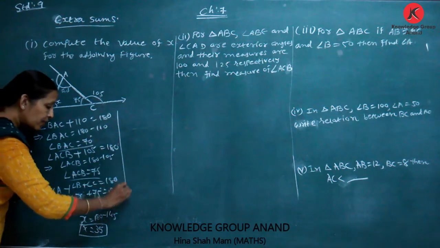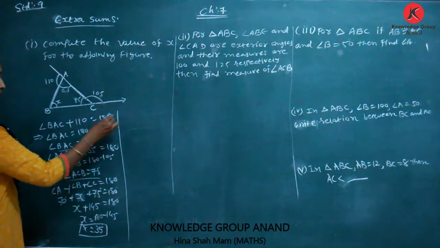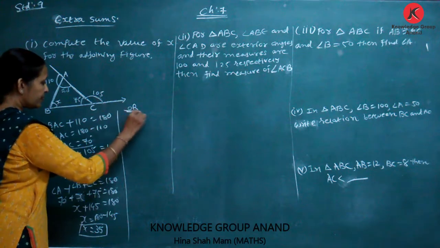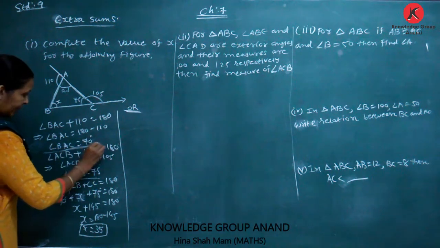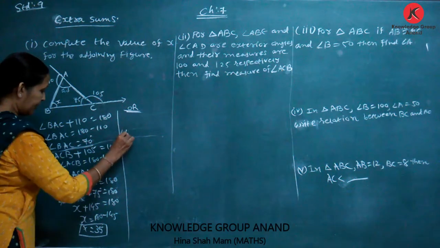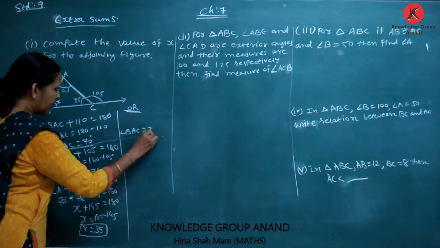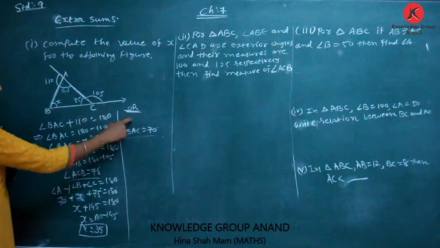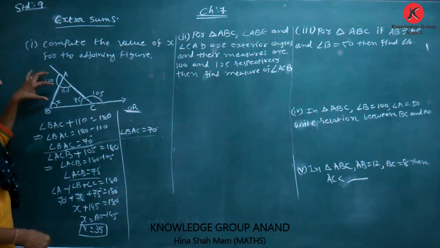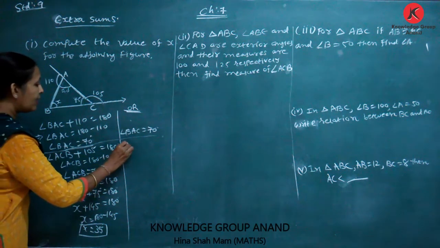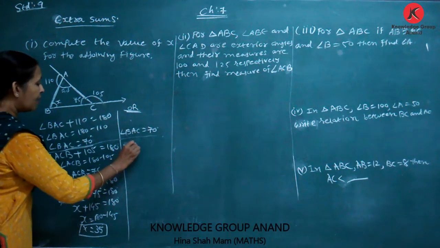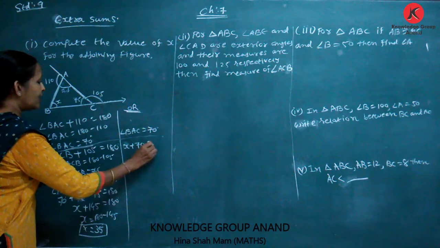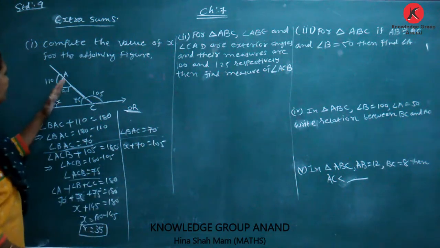Otherwise, you use this method, or first we find angle BAC, like this. Angle BAC is equal to 70. Now we take the sum of x plus 70 is equal to 105.